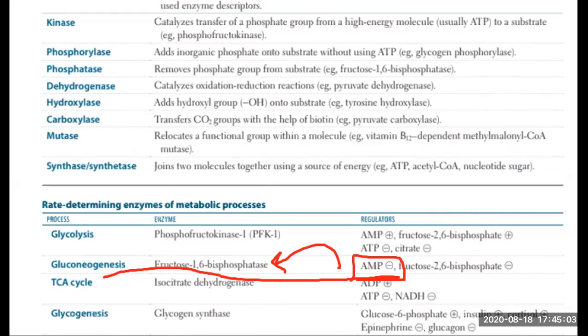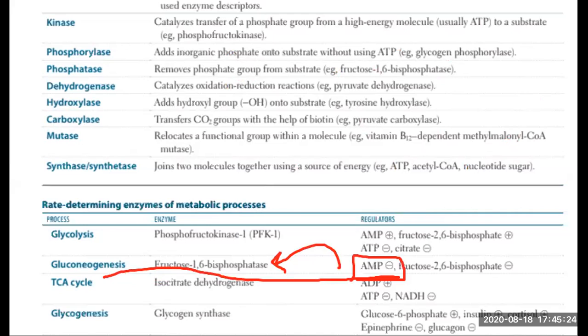Okay, we are using high energy molecules, we are using ATP, we are using ADP, and we are creating AMP. But when your body has enough AMP, you don't need gluconeogenesis. Okay, you do not need it. So please understand the regulators terminology.